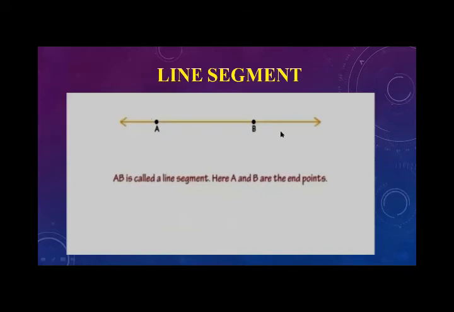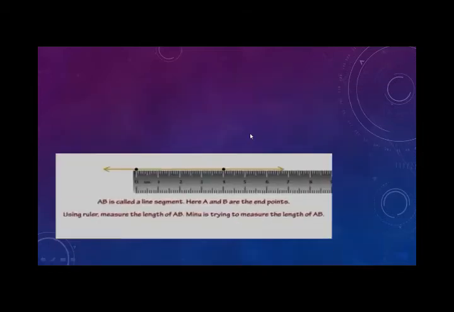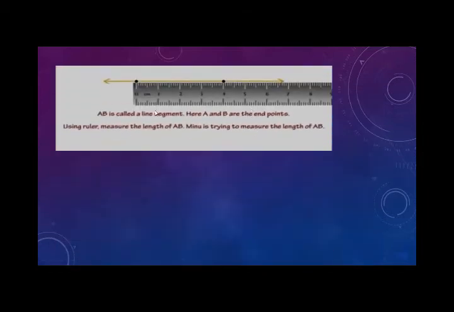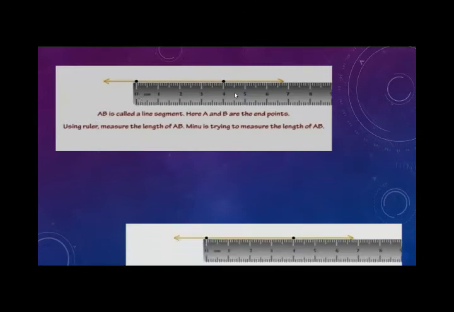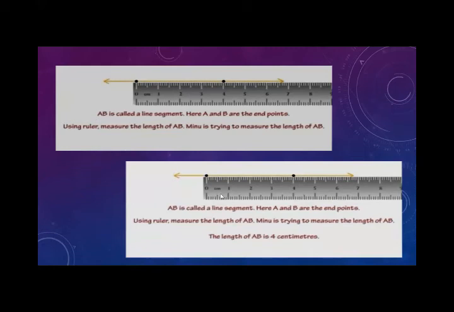Here you see, it just shows the line, two endpoints and a line segment. One endpoint, one starting point here, and another point here. This is A and this is B. Now Meenu wants to measure the length of the line segment AB. So she takes a scale, puts it at 0 and goes till the other point.